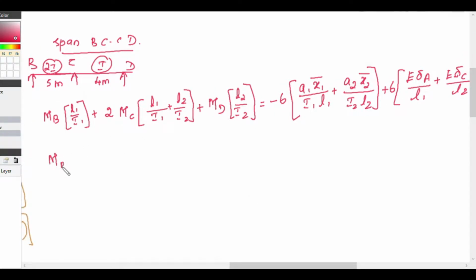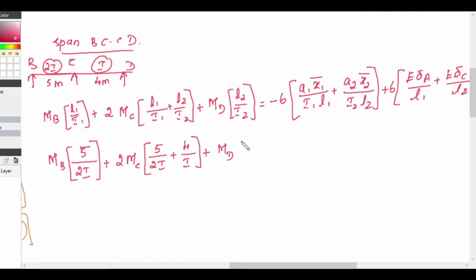So MB into L1 is 5 here, so 5 divided by the value for I, which is 2I, plus 2 times MC into 5 divided by 2I plus L2 which is 4 divided by I, plus MD into, here L2 is 4 meter divided by I2 which is I, is equal to minus 6 into, see, there is no settlement of support, so this becomes 0.